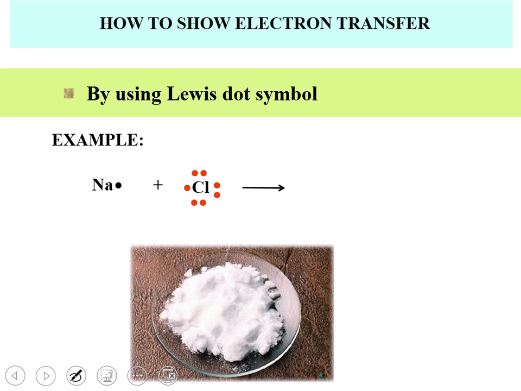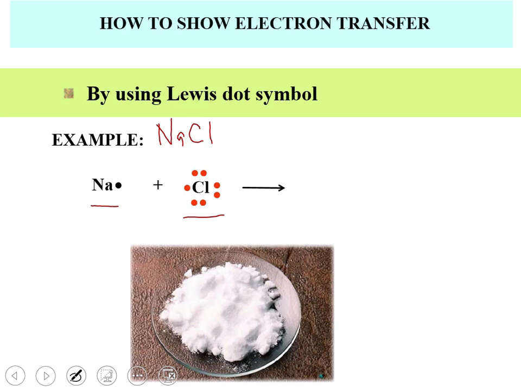How to show electron transfer? By using Lewis dot symbol. For example, if you want to draw the Lewis dot symbol for formation of NaCl, first you need to draw the Lewis dot symbol of each atom. Na has 1 dot. Cl has 7 dots.